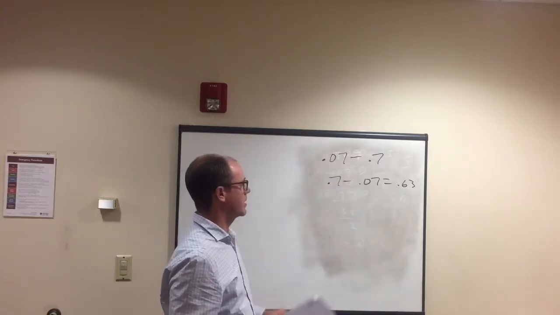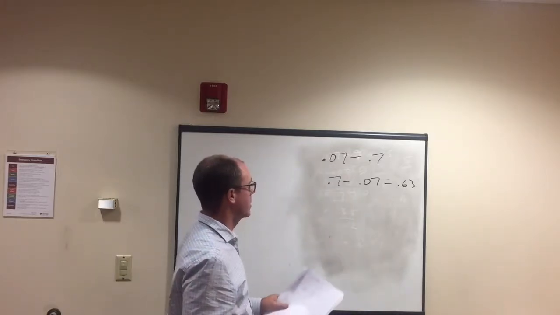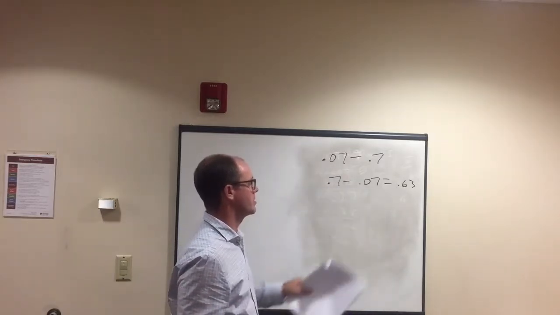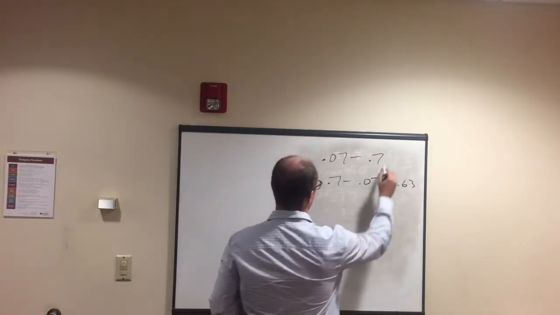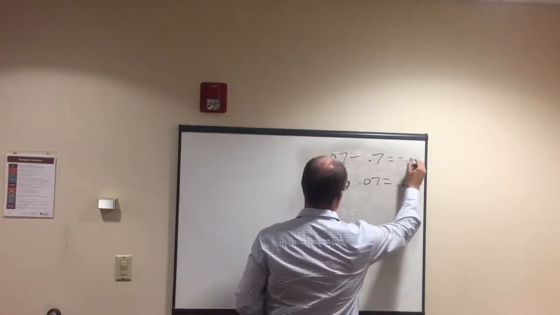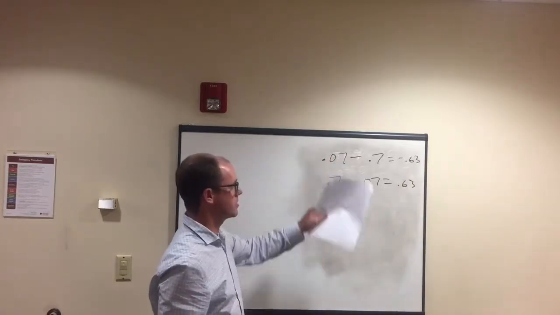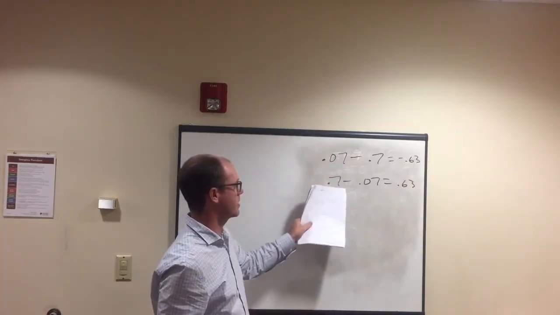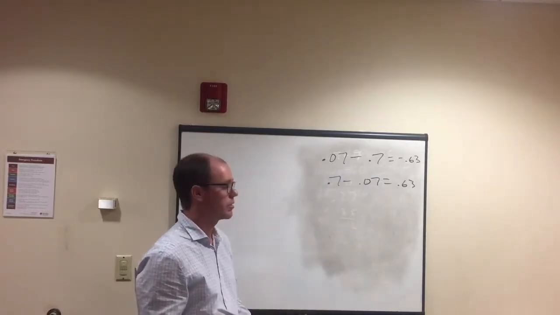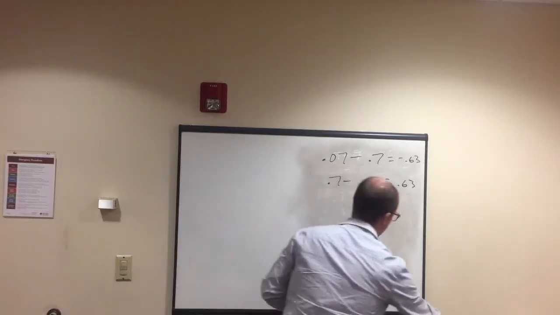So when you flip it like this, that means the answer is going to be negative. So just flip it right back so it's easier to do, and then we just throw a negative on it, right? So this answer is negative 0.63, right? That's much easier to do than anything else. Just subtract bigger versus smaller, and then throw a negative on there when you're done.